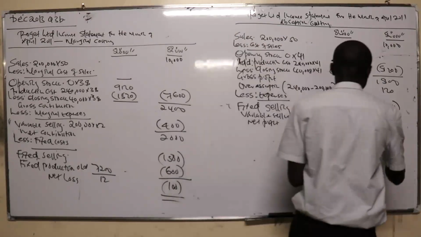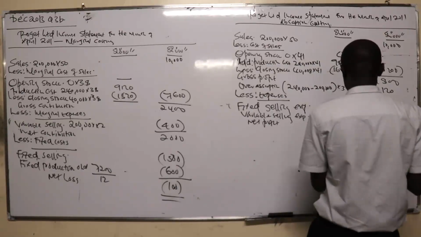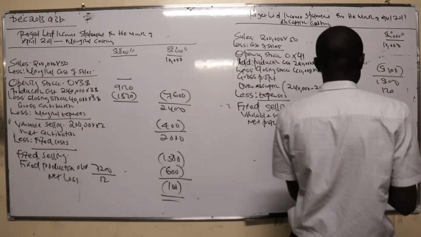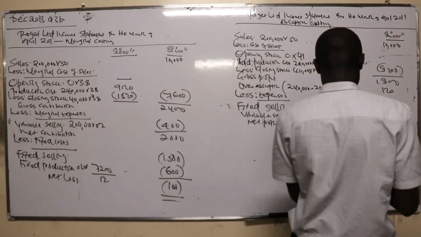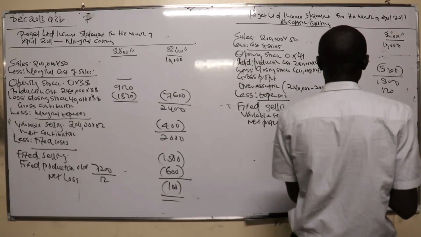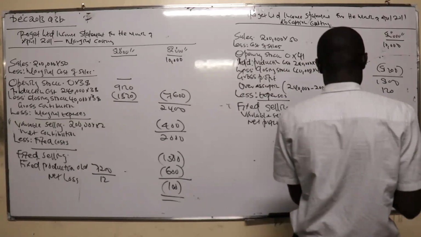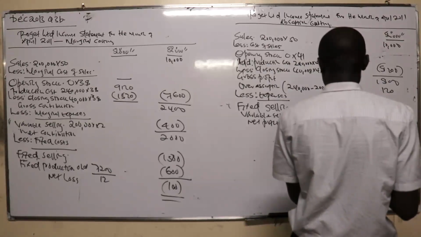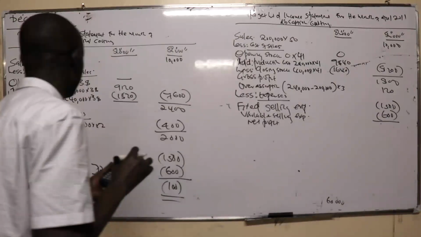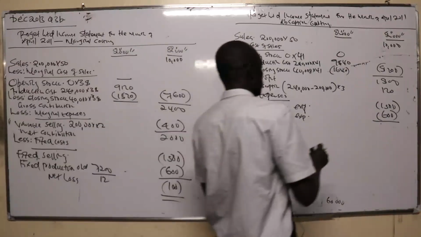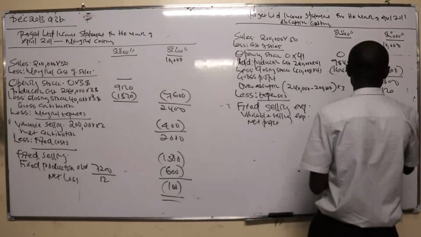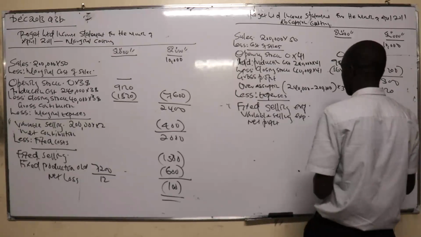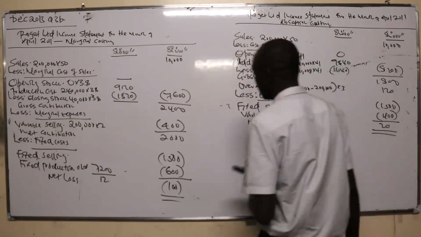So it is negative. Variable selling expenses was 400. Sorry, this was a 400. So the profit here is 20. So the net profit here is 20.